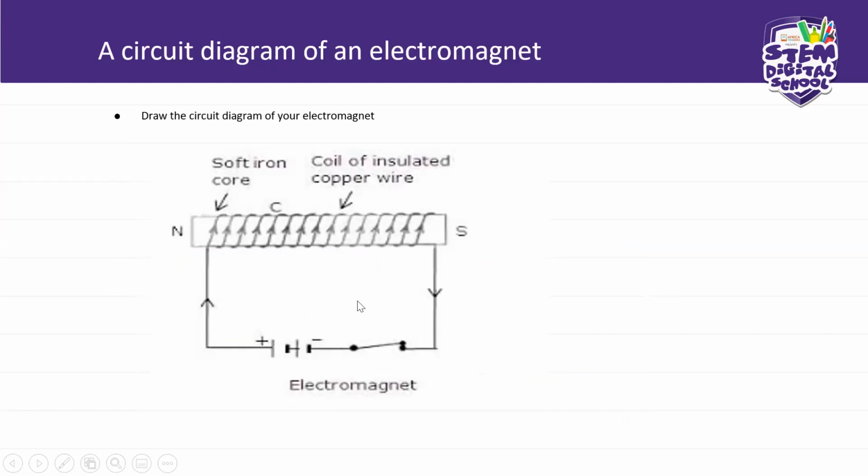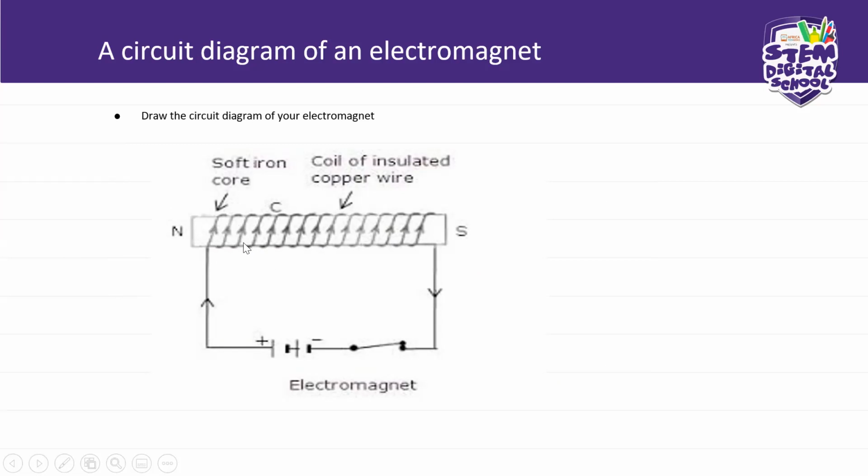Then you draw a circuit diagram for your electromagnet. This is the circuit diagram. Remember, it's not the first time you see this circuit diagram. Now it comes into your project. This circuit diagram has your electromagnet here. Indicate, because now this is a magnet, indicate the North Pole and the South Pole.